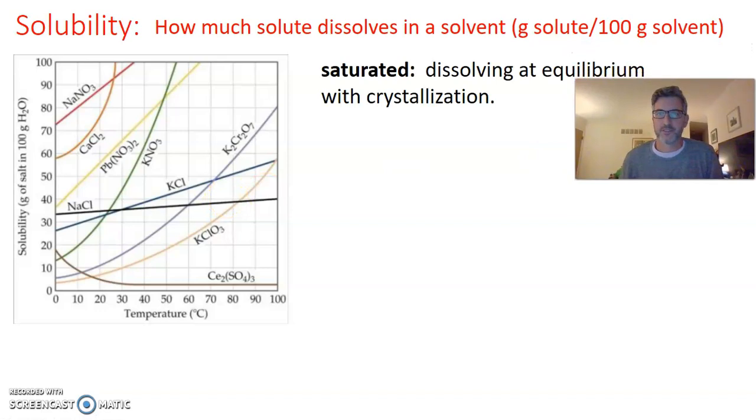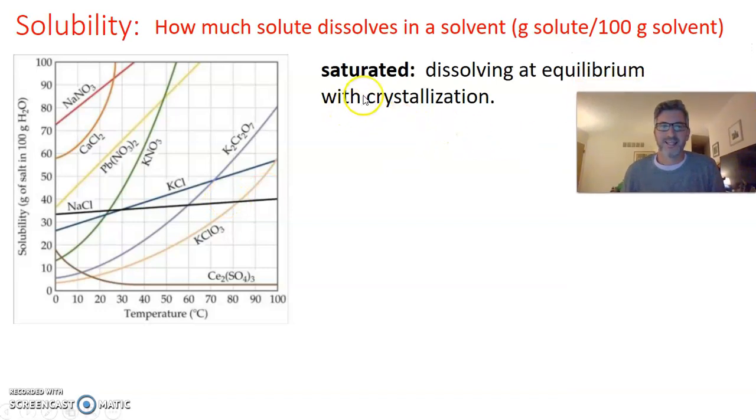Now, a couple of definitions here, a couple terms. A saturated solution, if you recall, is a solution where essentially what it looks like is you'll have some undissolved salt at the bottom of the beaker, okay? And at that point, dissolving, so going from crystal to aqueous, going from solid to aqueous, is at equilibrium with crystallization.